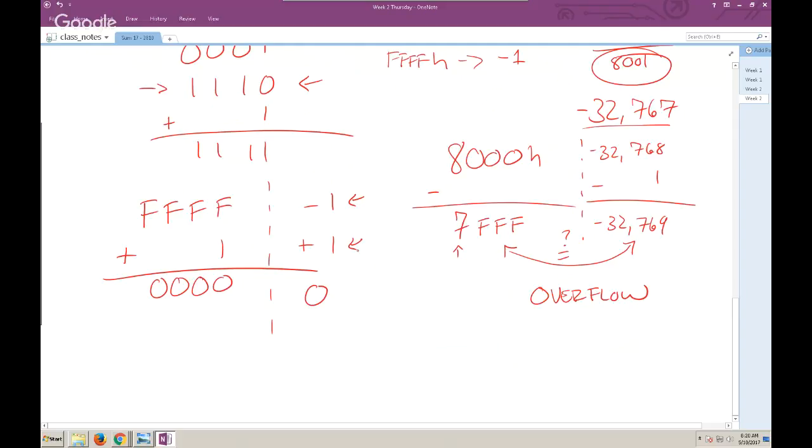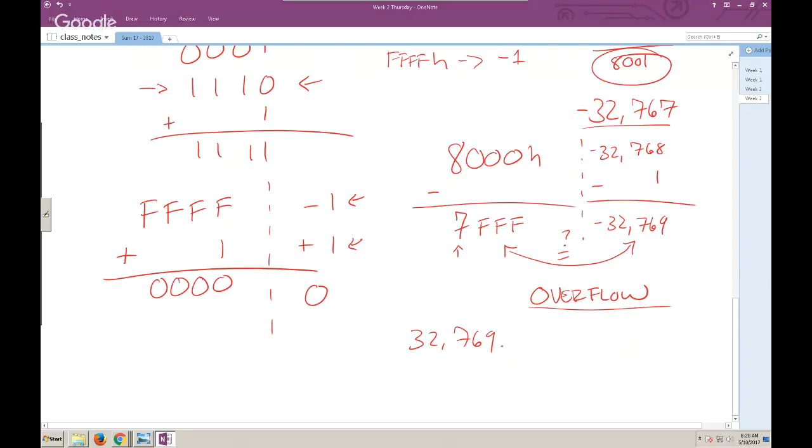We overflow when I'm going too big on the decimal limit, right? So for example, what would happen if I wanted you to store 32,769? We overflow. Why do we overflow?